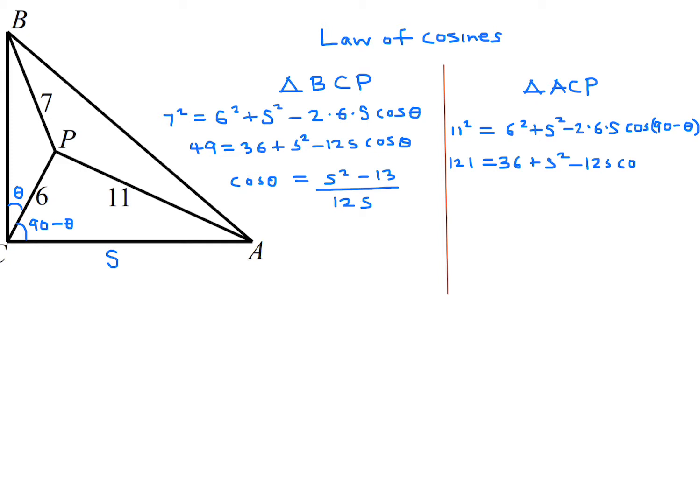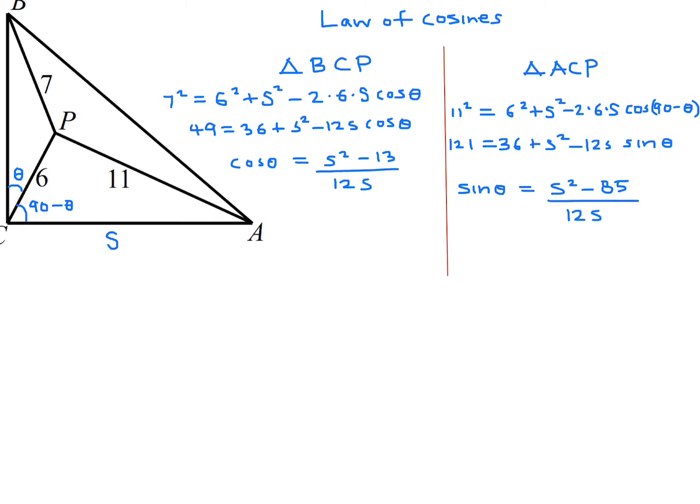But 90 minus theta, I don't need to put that in there. I can just put sine of theta. Make that substitution. And then if you isolate for sine theta, you will get (s squared minus 85) all over 12s. So there you go. That's the first part of the question.